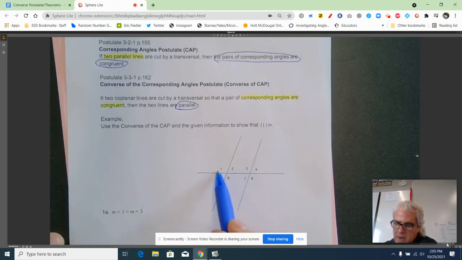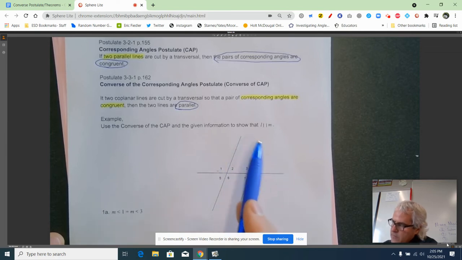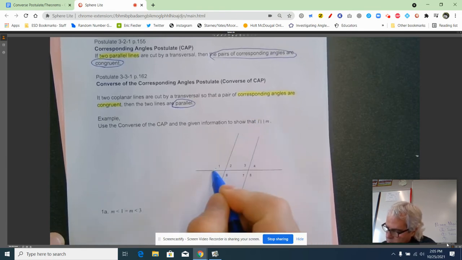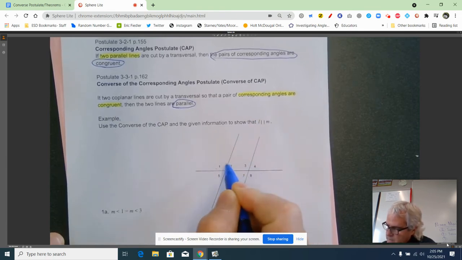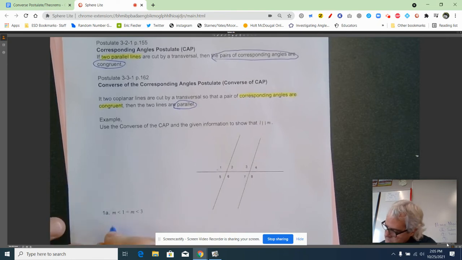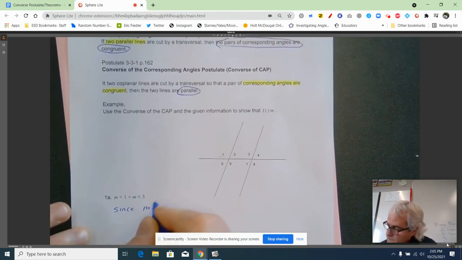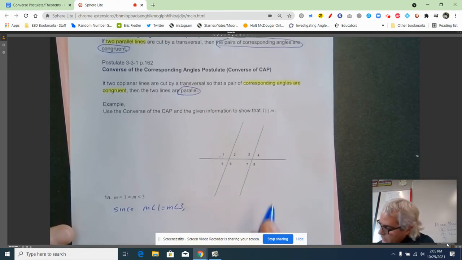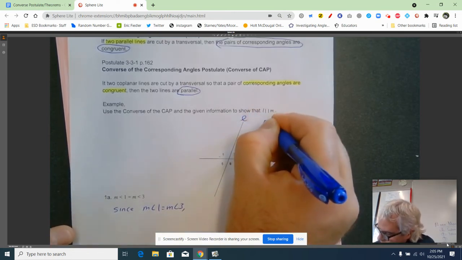Okay, they are in corresponding angle position. So if two coplanar lines, there's your coplanar lines, are cut by a transversal, corresponding angles are congruent. I would put arc marks here, but I'm going to use the same picture for the next question. Then the lines are parallel. So what do we say? So we say since angle 1 is equal to the measure of angle 3, then L, or this line, let's call it L, and we'll call this one M. I forgot to label them.